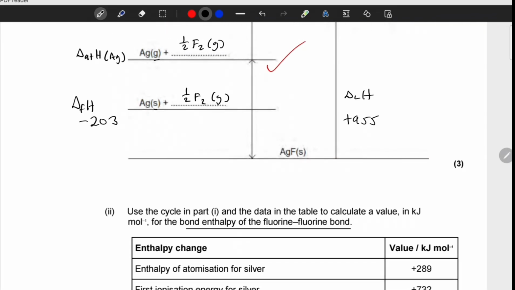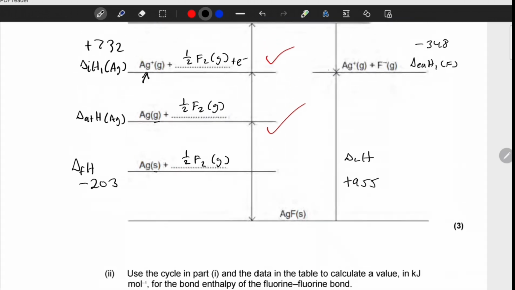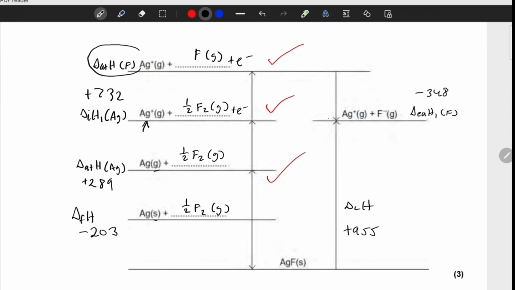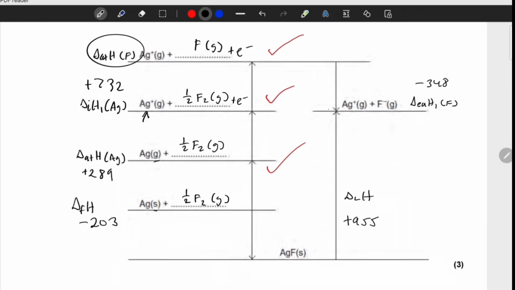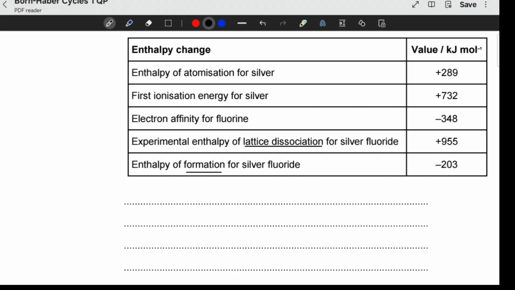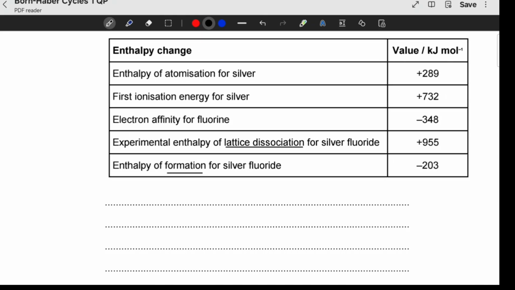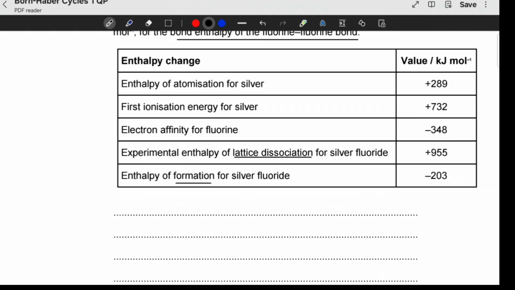And atomization for silver is 229. Okay, so what is missing? The atomization of fluorine, guys. That is missing, so we need to calculate that. Okay, guys, so basically, you know the formula for the enthalpy of formation. You basically make it equal to the enthalpy of formation, which is -203, equals the total of all of this.